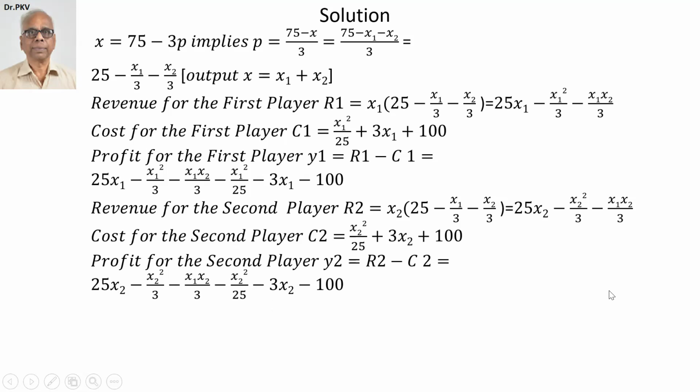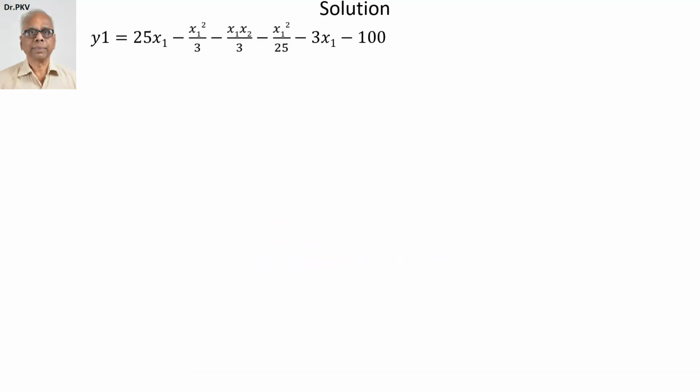Now let me go to calculus in the next slide. Y1 is equal to this, I'm writing from the previous slide, the profit of the first player. Y2 is equal to this for the second player.